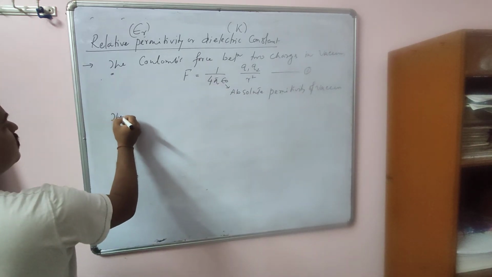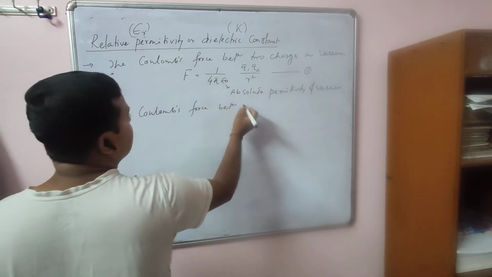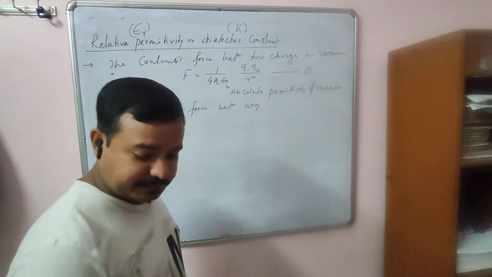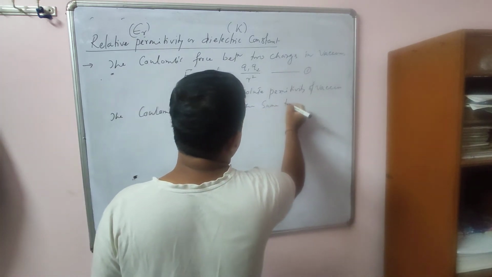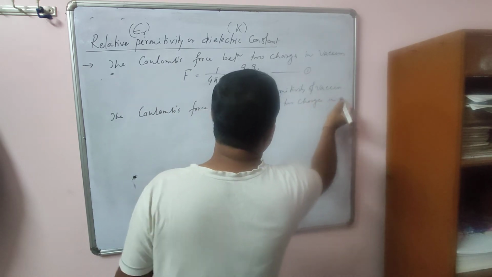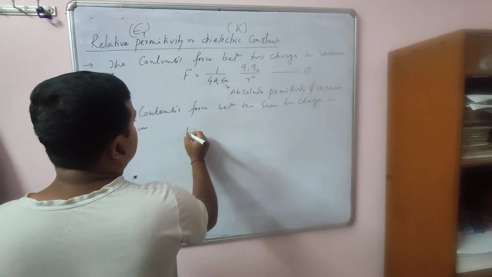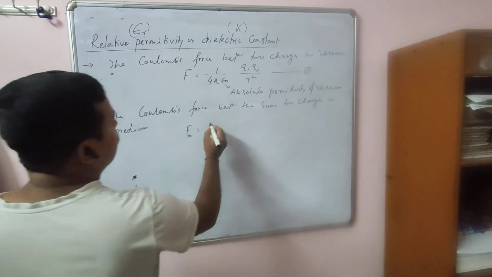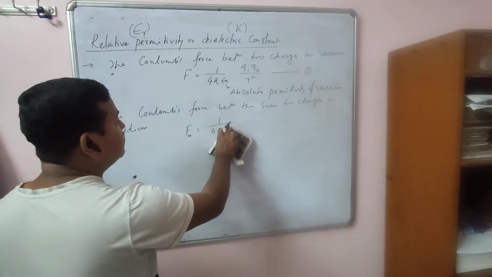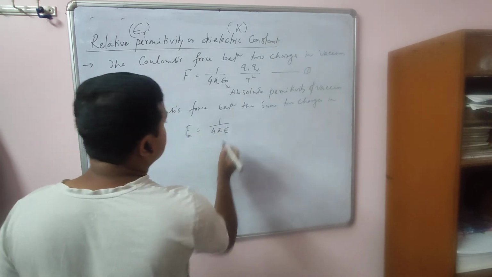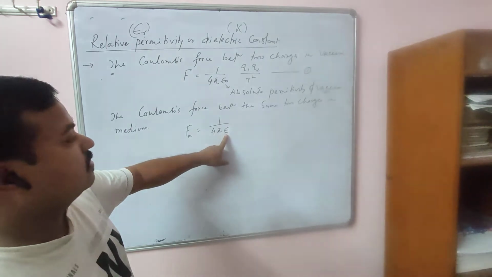Now the Coulomb force between the same two charges in a medium. When you place the two charges in a medium, the force will be Fm, F for medium, equal to 1 by 4 pi epsilon, Q1 Q2 by R square. Here epsilon naught is for vacuum, and since it is a medium now, we replace it by simply epsilon.